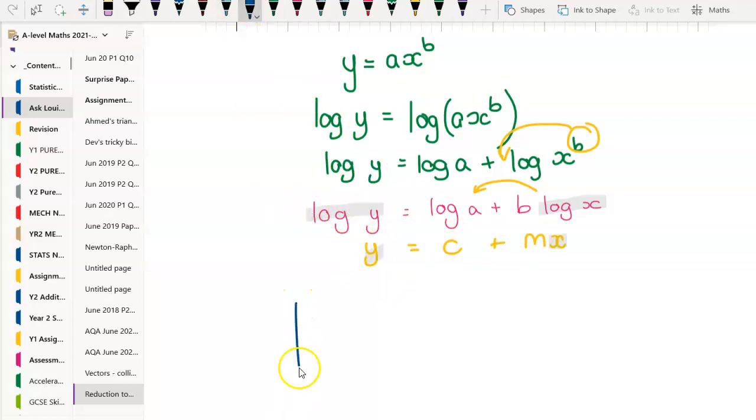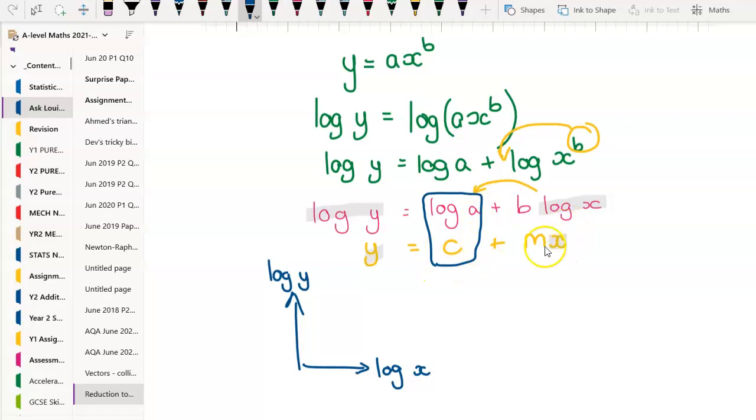So you'd be plotting log y here, log x here. If it had a table, you'd need to calculate all your log y's and all your log x's for all your x and y values. Then your y-intercept is log a still, but this time your gradient would be b.